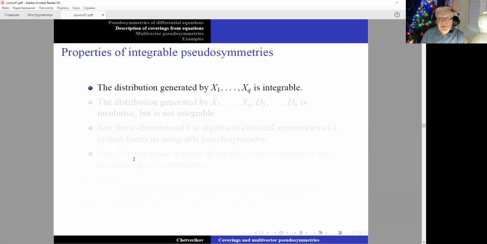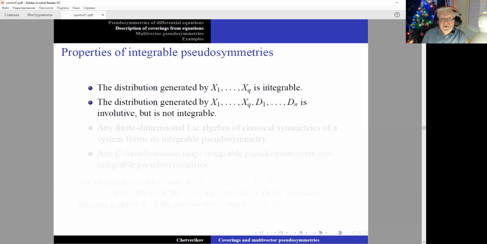Properties of integrable pseudosymmetries. The distribution generated by the vector fields is integrable. The distribution generated by x1, ..., xq and the total derivatives is involutive, but is not integrable, because the total derivatives usually are non-integrable vector fields.